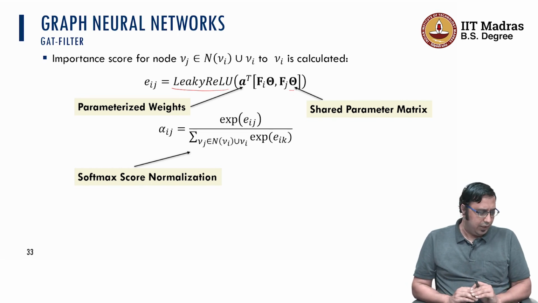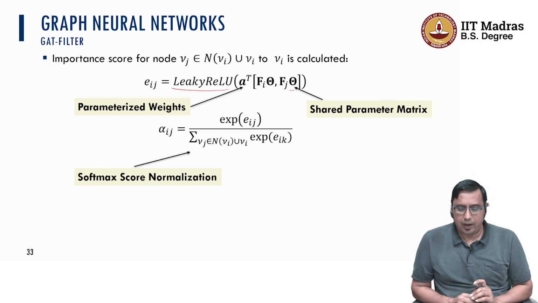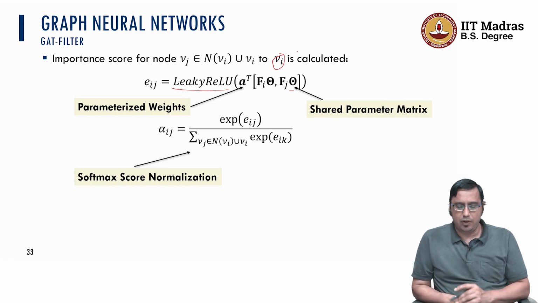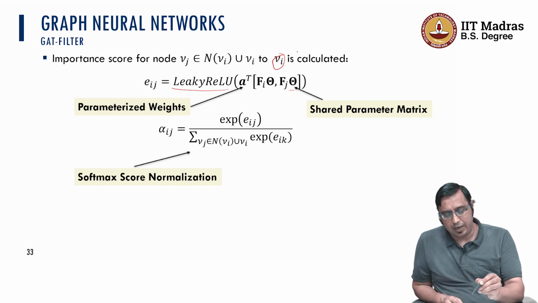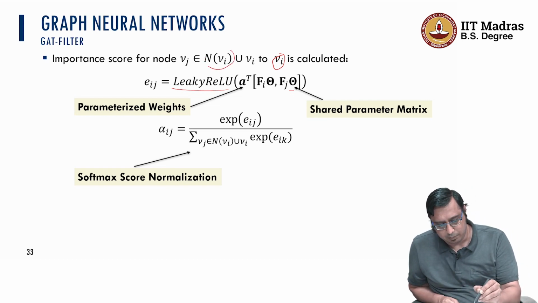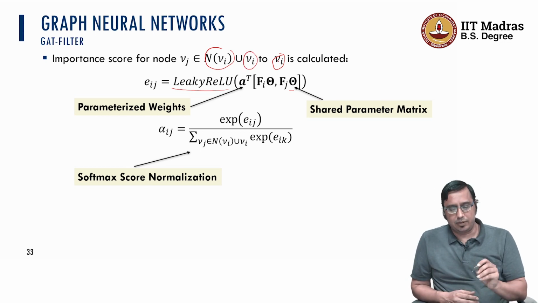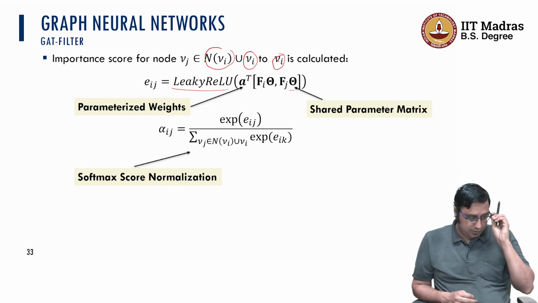So how can we generate the importance score for any node? For example, I want to generate an importance score for node Vi. Then I will look not only at the neighboring nodes of Vi, but also at Vi itself. So this is my set of nodes for which I want to generate importance scores, including self-attention.